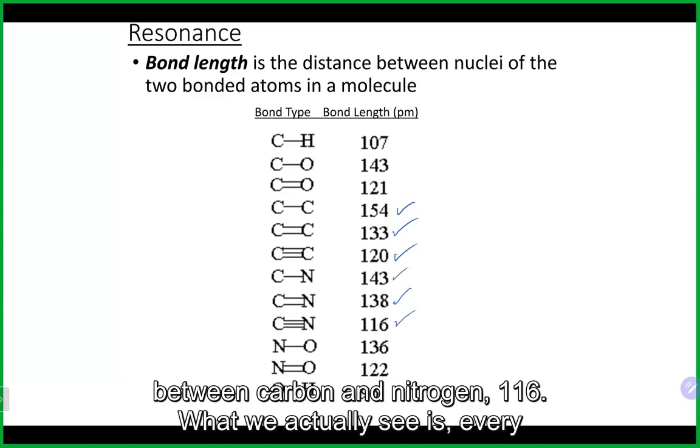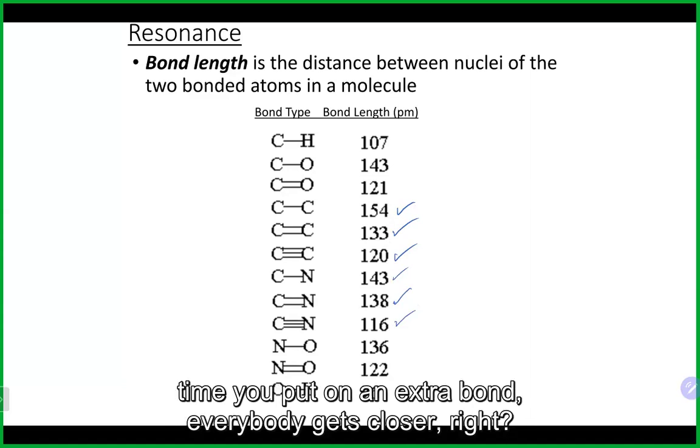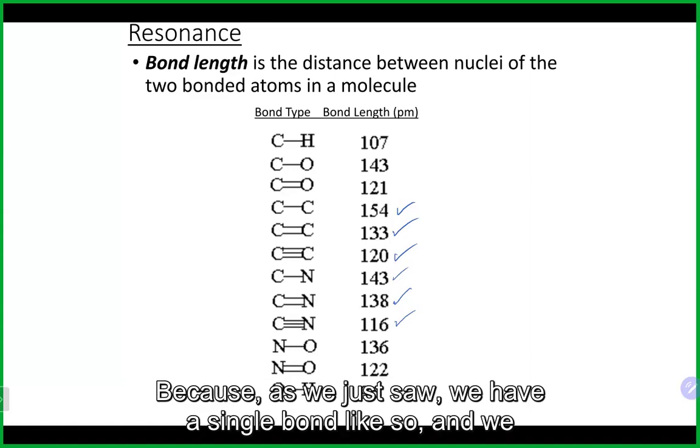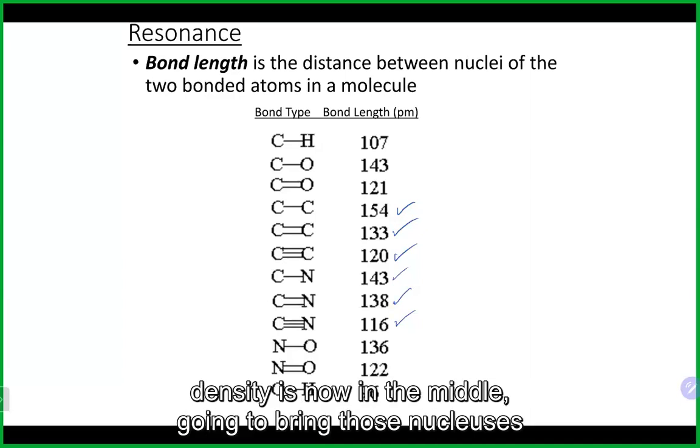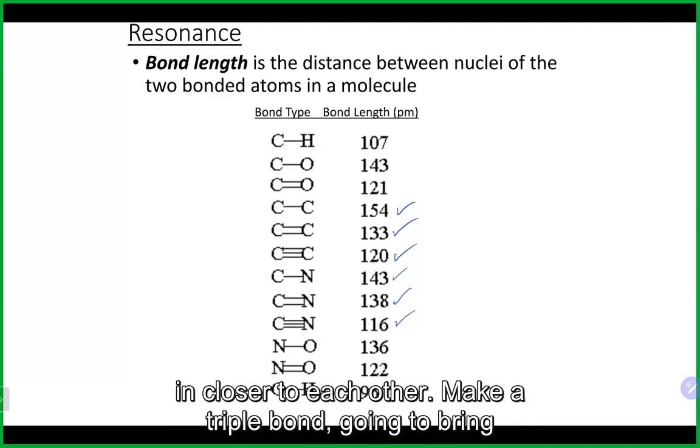What we actually see is every time you put on an extra bond, everybody gets closer, right? Because as we just saw, we have a single bond like so, and we bring in some electrons to make a double bond. All that electron density is now in the middle. Going to bring those nuclei in closer to each other. Make a triple bond, going to bring everybody in.